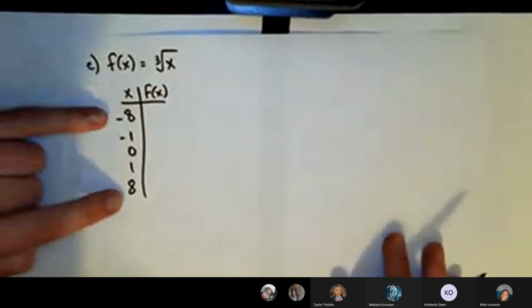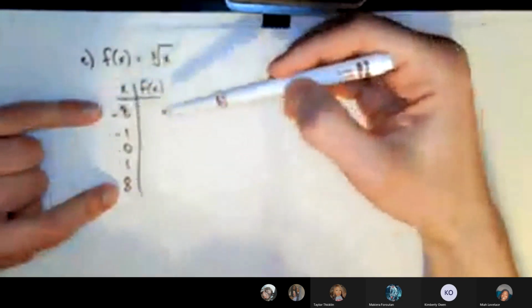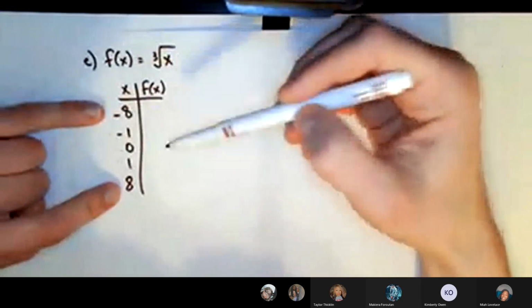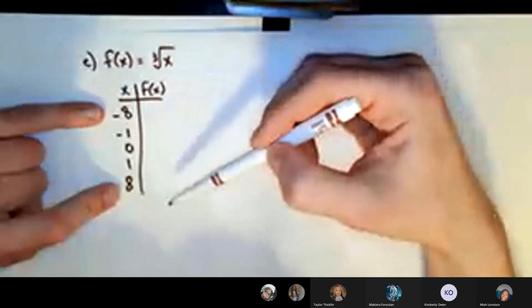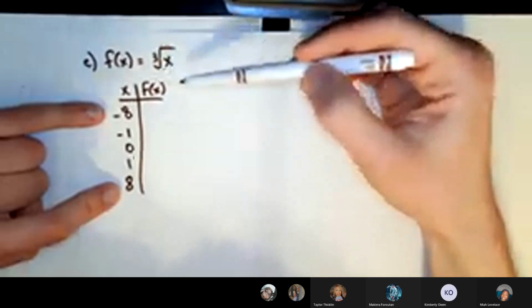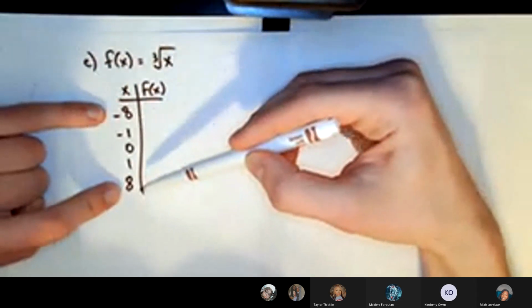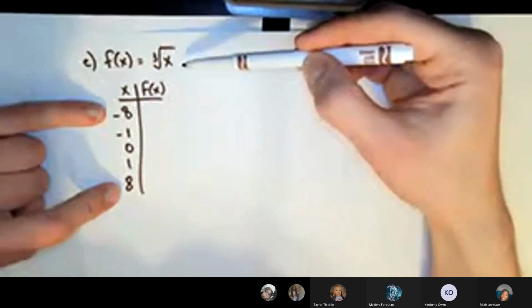And where is the 8 coming from? The 8 is coming from the fact that I know 8 and -8 are perfect cube numbers. Thus, they fit very nicely and will give me very nice whole number outputs in a cube root function.